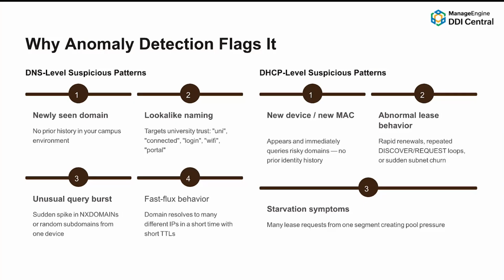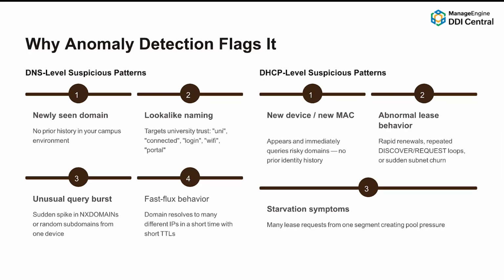These can indicate misbehavior, automation, or attempts to blend into noise. And then we have starvation symptoms. If a segment starts producing unusual volume of lease requests, it's not just availability risk, it can signal an active campaign or rogue behavior.